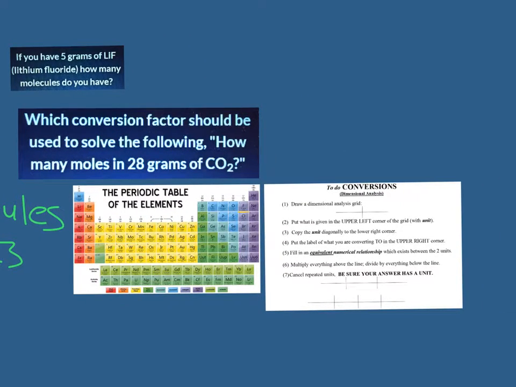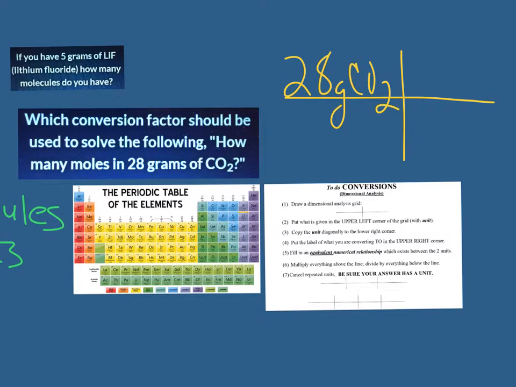I can start with my dimensional analysis grid if I want to, just to make sure I'm consistent in my problems. But if I do that, I know that what I'm starting with is 28 grams of CO2. That means I should copy the unit diagonally.